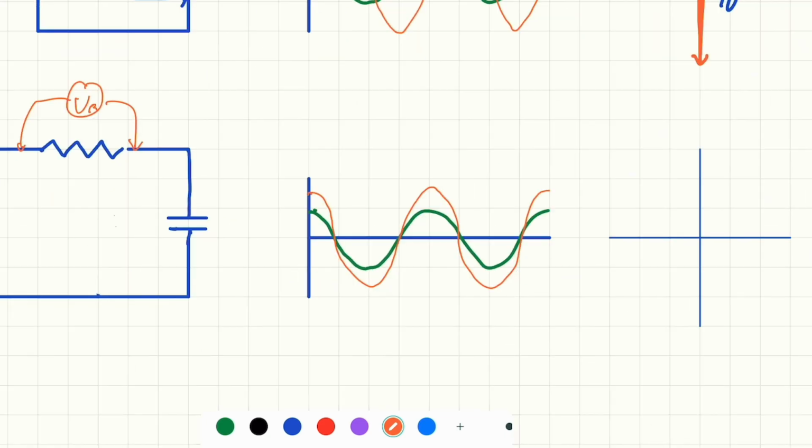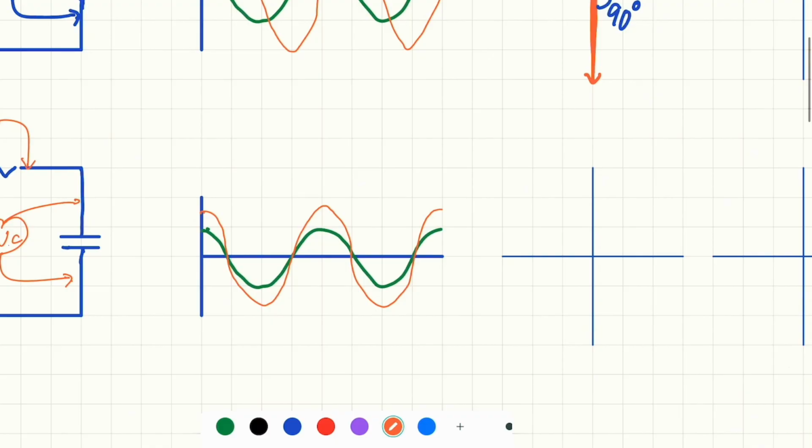Next, if we measure the voltage across the capacitor, here we see, and the theory, the physics also say, the voltage across the capacitor will be 90 degrees lagging behind the current.